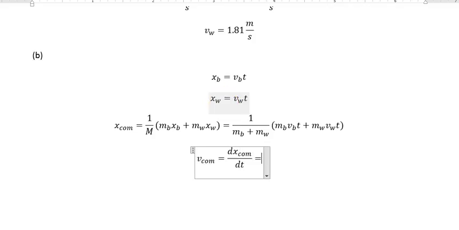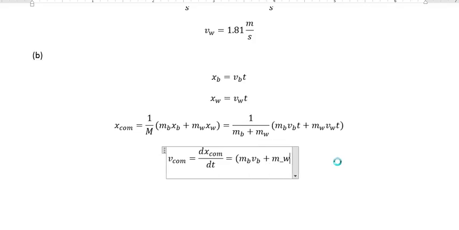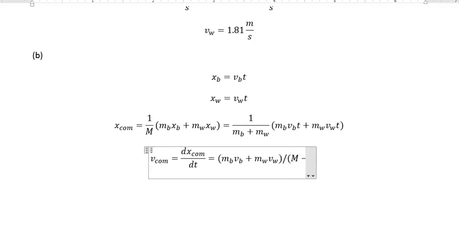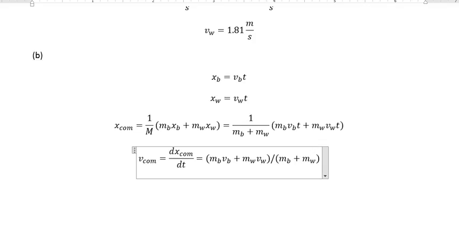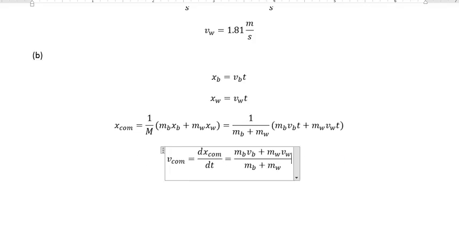So we take the derivative of this with respect to time. Since we're linear in time here, we end up with MB VB plus MW VW divided by MB plus MW. And that's the velocity of the center of mass.